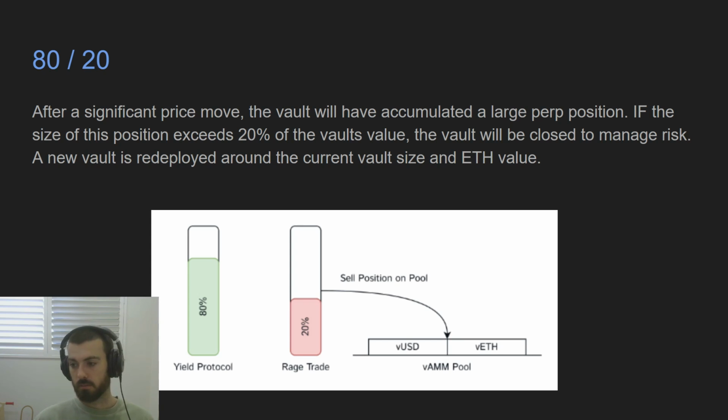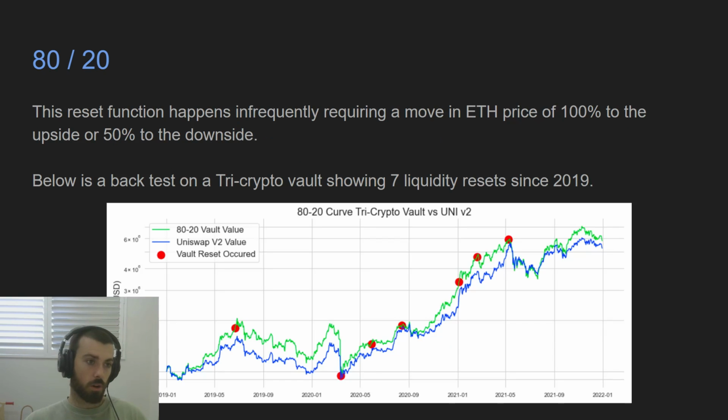You need a pretty significant price move. So this is the chart here of how many times it's happened. This is backtesting from 2019. It's happened 7 times. The price has to move up 100% to the upside in a daily span, or 50% to the downside. So it's pretty rare. With something like ETH, it doesn't generally have swings that large.